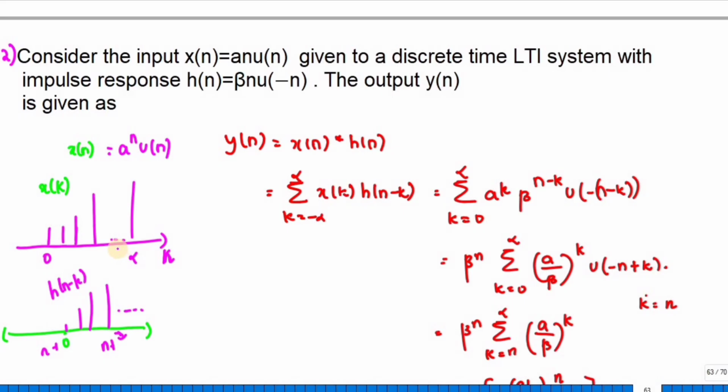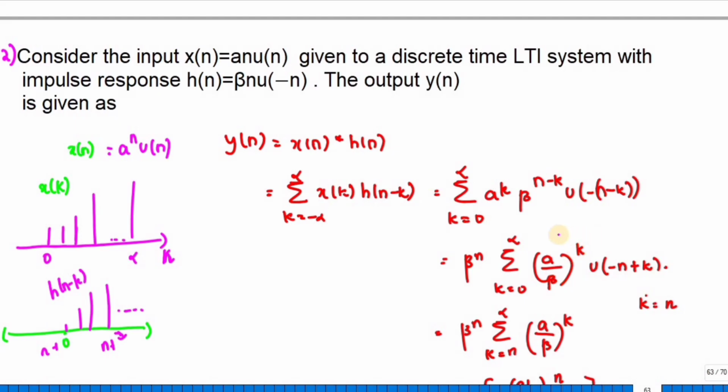The intersection starts from k = 0 to infinity, since it is u(k). So the sum of a^k beta^(n-k) u(-n + k). Since I can take beta^n common, I will get a divided by beta to the power k.